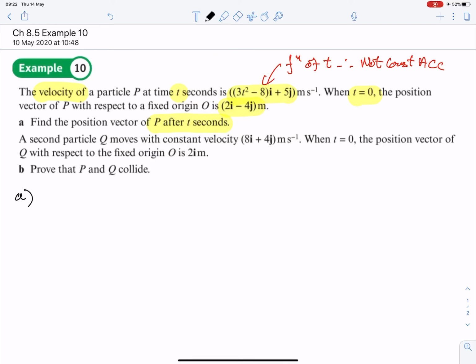Okay, so part A. We've got the velocity, so let's integrate then. So v is equal to 3t squared minus 8, lots of i, plus 5j.